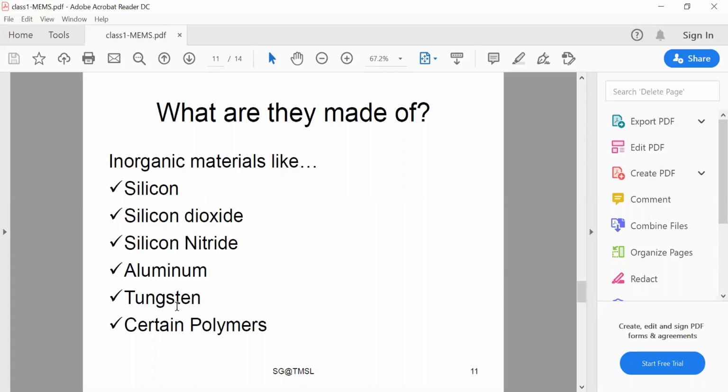This offers many choices, so one role of the design process is to evaluate the relative merits of different ways of building a proposed device. So, these are the materials. Polymers are a very important material.